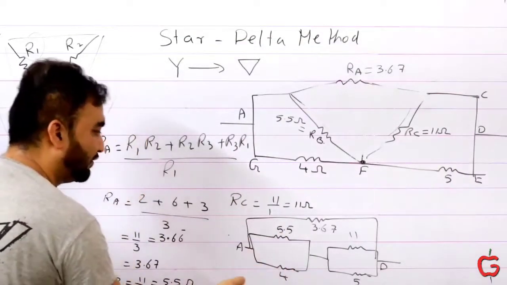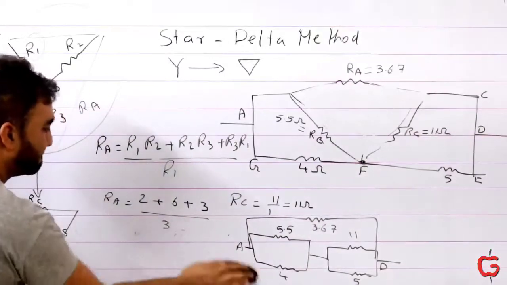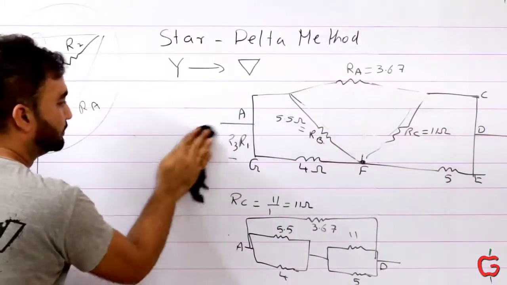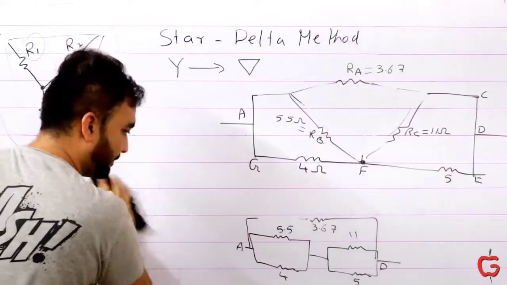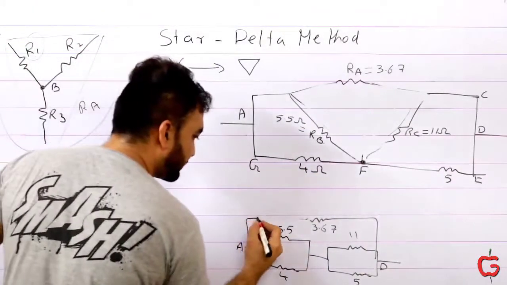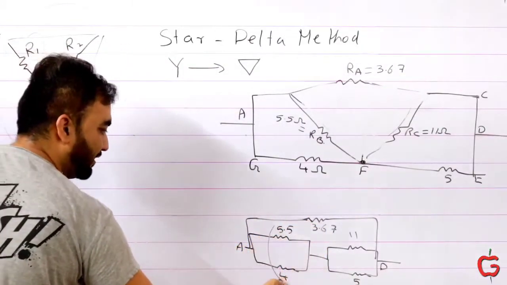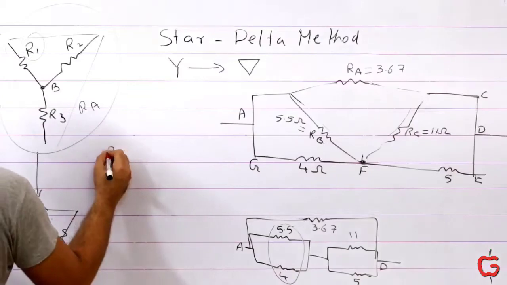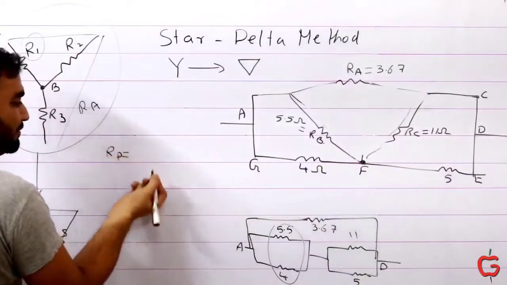We can calculate the parallel for this. So I'm rubbing this off. Let's call the parallel of this R1, or Rx, you can call them anything, RP, RQ, calling them RP.